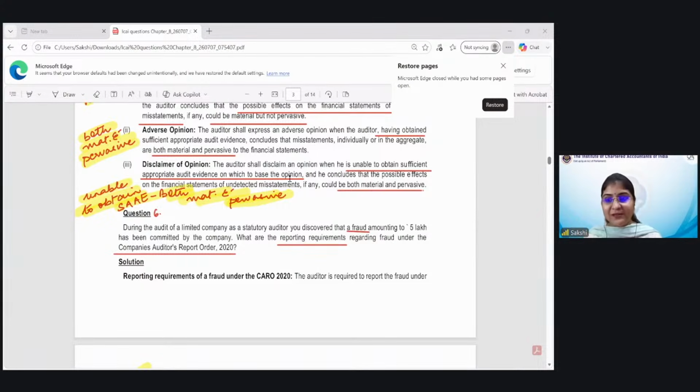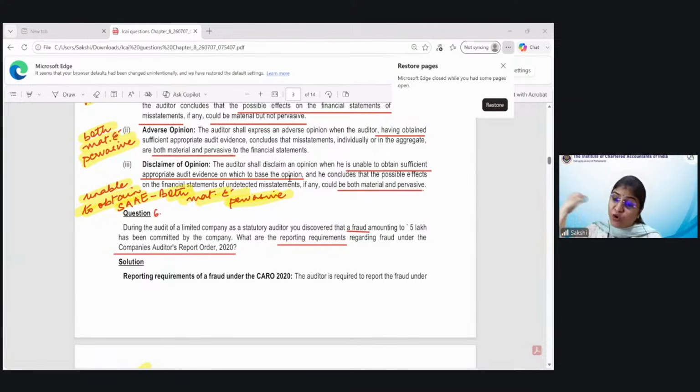Now he's saying, I'm not able to get sufficient and appropriate audit evidence, but this matter is material as well as pervasive. So I have to disclaim that I am unable to obtain sufficient and appropriate audit evidence, and the possible effects of these misstatements on financial statements are, or could be, both material and pervasive.